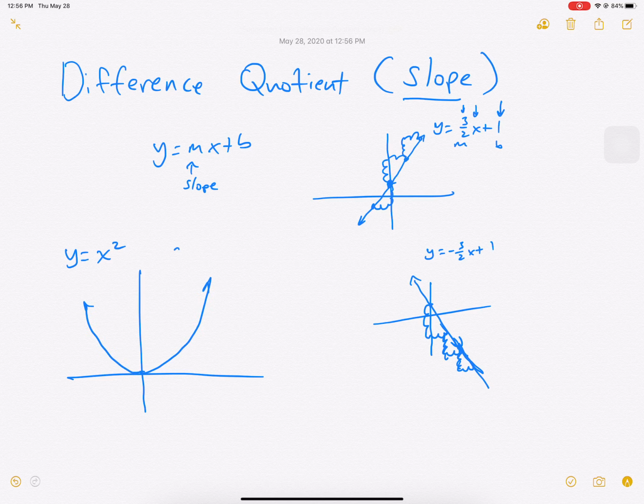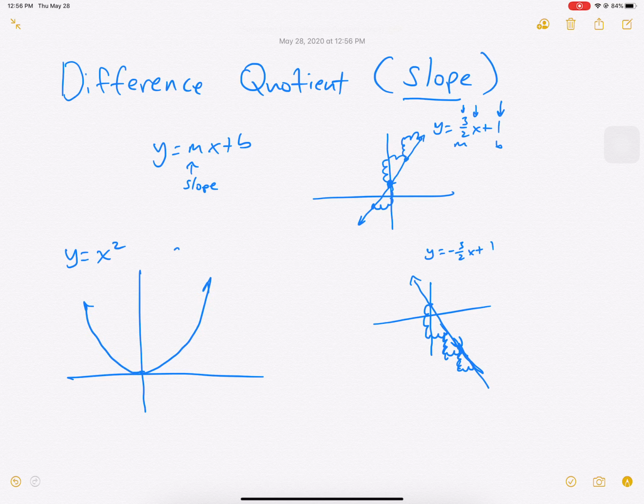As you can tell, as x gets larger, y changes and it grows even faster. So my slope gets larger as x gets larger. When x is 0, our slope is not changing. As x becomes 1, it's more positive.